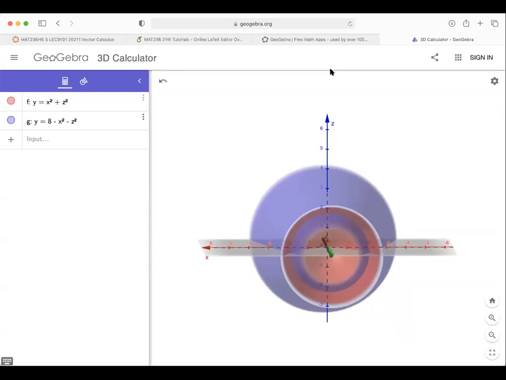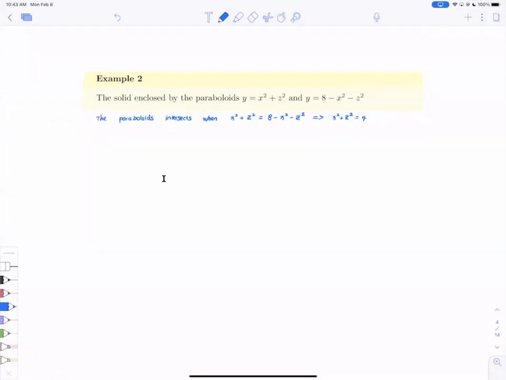Back to my iPad. So that is our D. Let's write down our D and E. E is going to be the set of x, y, z such that x squared plus z squared is less than or equal to y, which is less than or equal to 8 minus x squared minus z squared, and also x squared plus z squared is less than or equal to 4.